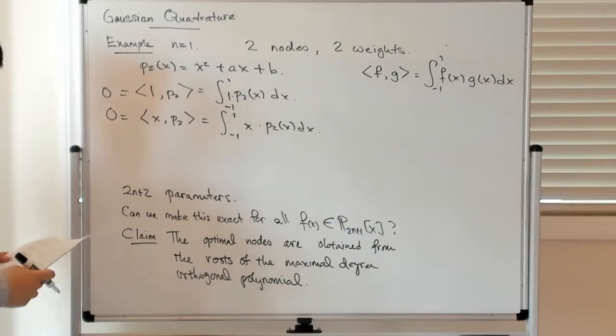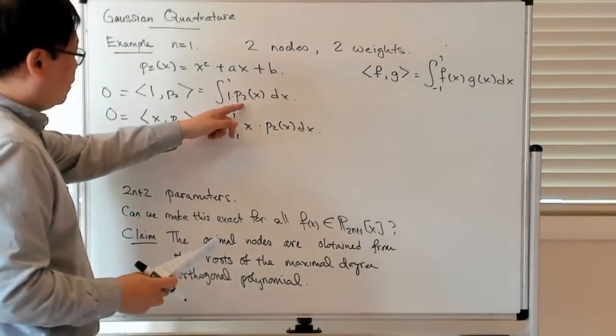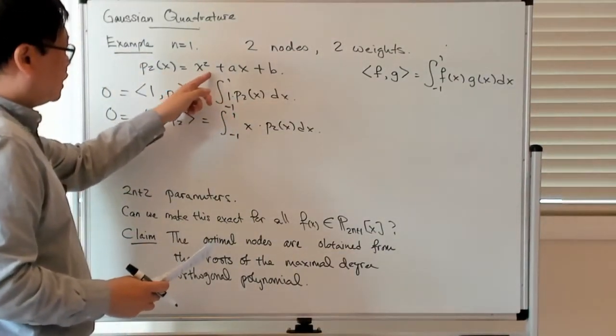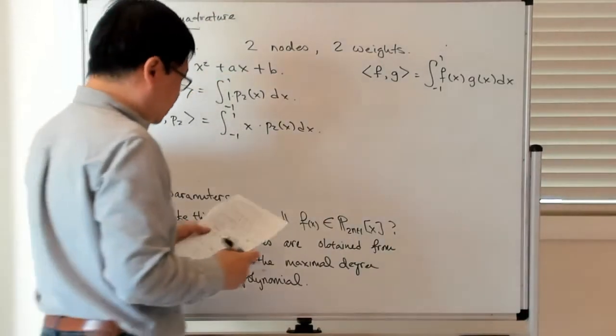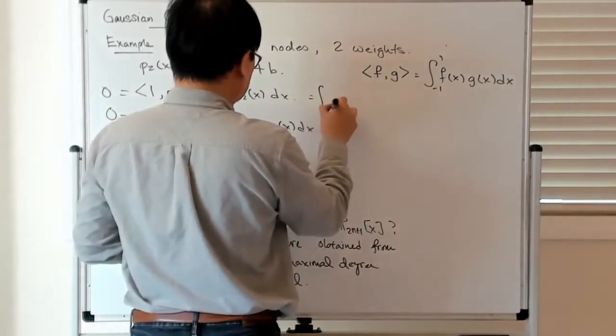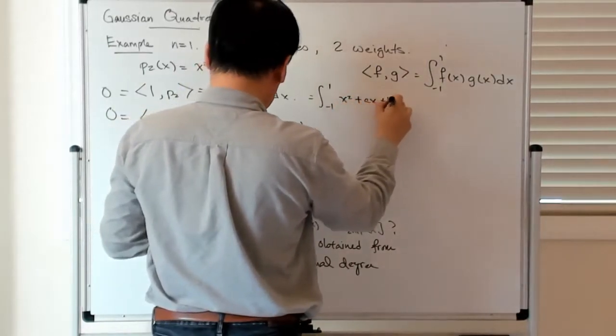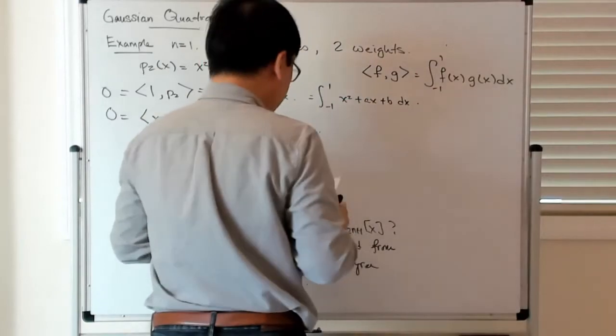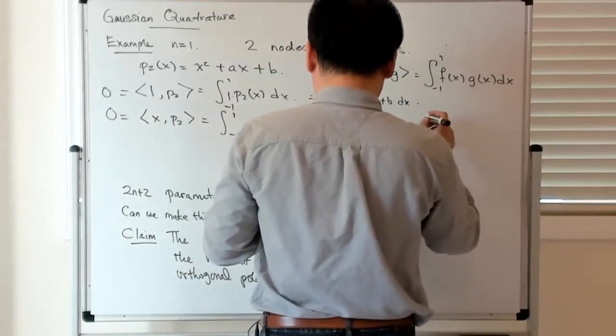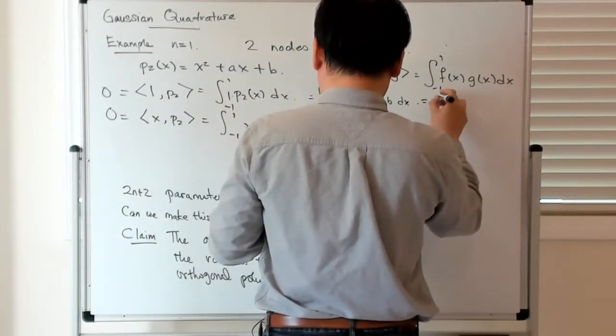Okay, so you can evaluate what this is. For p2 equal to x squared plus ax plus b, this is the integral from -1 to 1 of x squared plus ax plus b dx. And this is equal to 2/3.